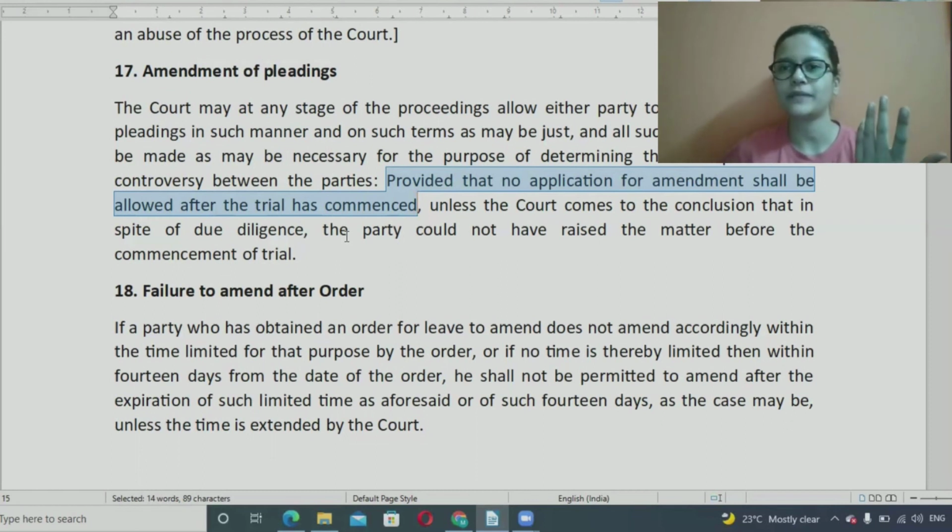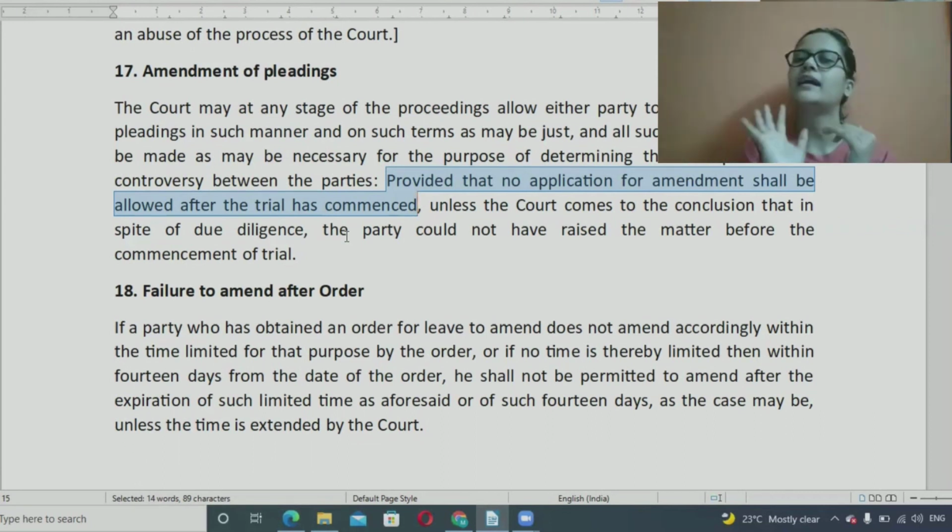Restitution of property. So in such cases, it may happen that a party is claiming for something, but the court feels that no, you could have asked for even more, even a better relief is available, or might be some alternate relief is available. In such cases, the court has the discretion. Even after the trial has started, the court can say that you make these changes.